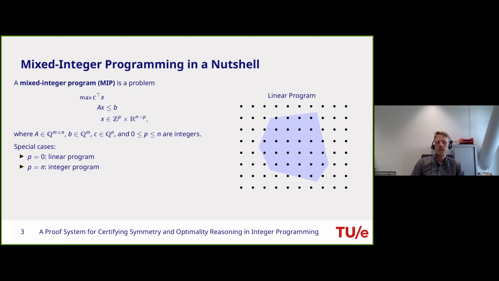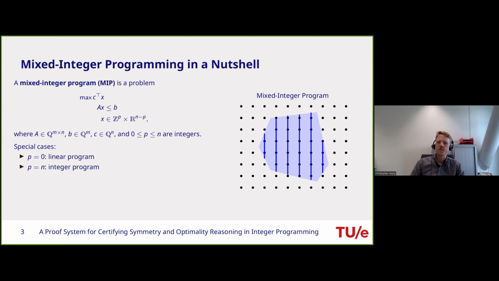Then we are dealing with a so-called linear program, and the feasible region can be seen in this picture on the right-hand side here. It is just this blue region, which we call a polyhedron, and we're interested in some point in this blue region that maximizes this linear objective function. If some of the variables are supposed to take only integer values, then we're dealing with a mixed integer program.